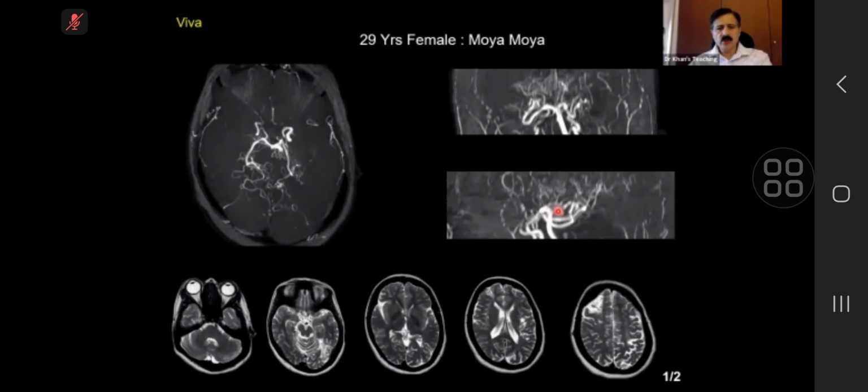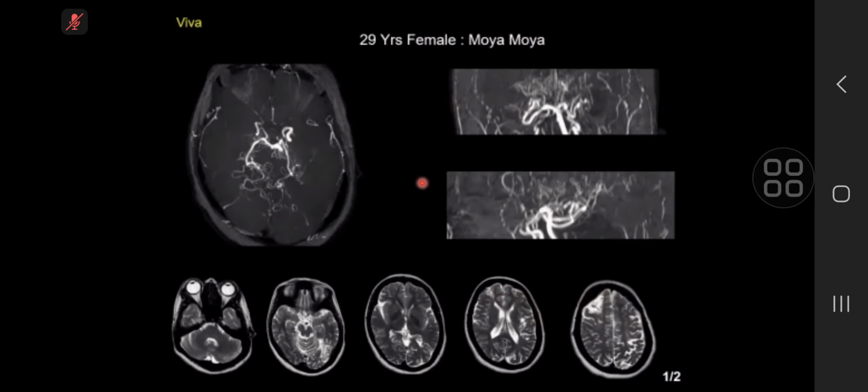Don't think that Moya-Moya disease is just a Japanese disease. In my hospital, we have 3 patients, and I'm showing you the study of one of them. Look here, you can barely see any big vessels inside, just a bunch of vessels on this MRA. This patient presented with multiple strokes. Look here, chronic strokes.